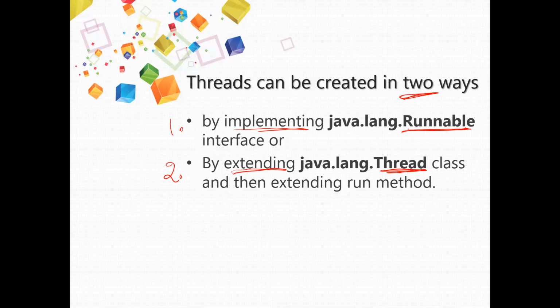So these two are the ways to create threads, whether by implementing the Runnable interface or by extending the Thread class. These are the two points we need to understand. Now we'll see step by step how you can create a thread with the help of the Runnable interface, and how you can create a thread with the help of the Thread class.